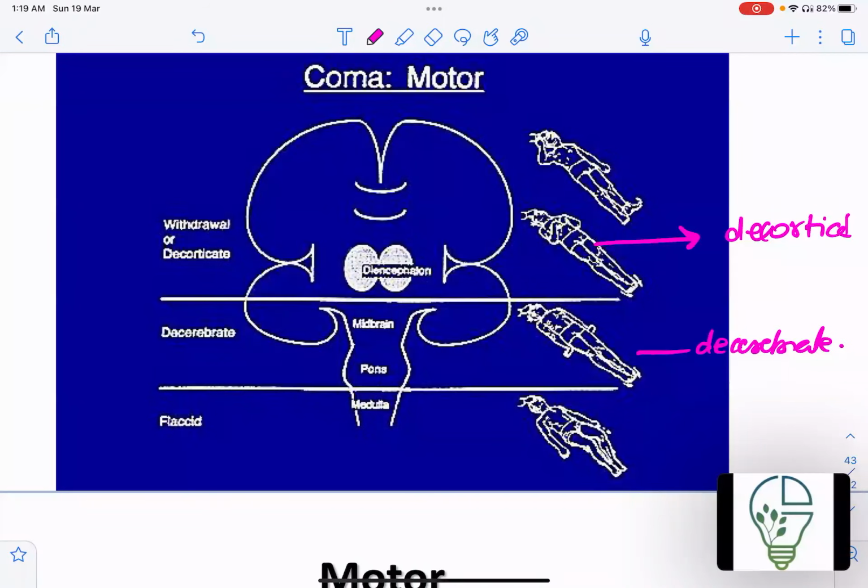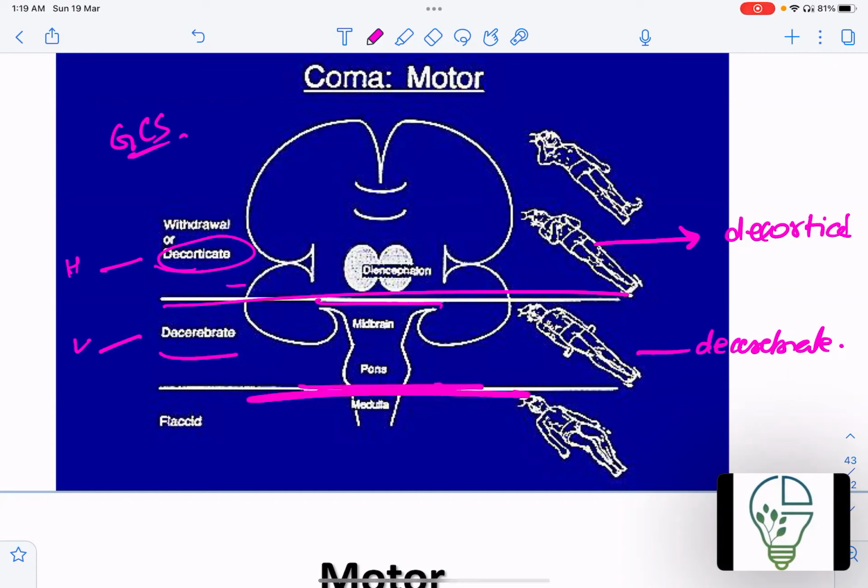So if you recall in the GCS score, we had different scoring for each of them, right? This was higher and this was lower. So if there's injury in the diencephalon region, the patient will have a decorticate position, midbrain and pons, decerebrate, and below that, flaccid.